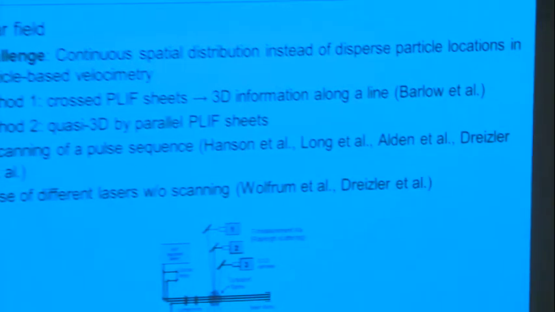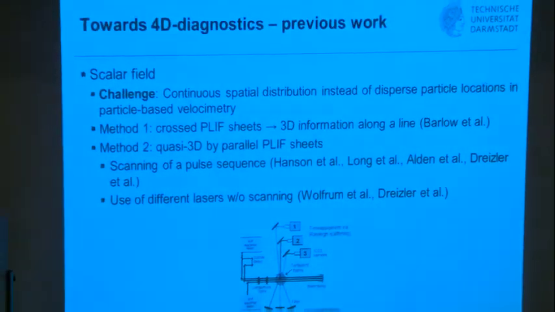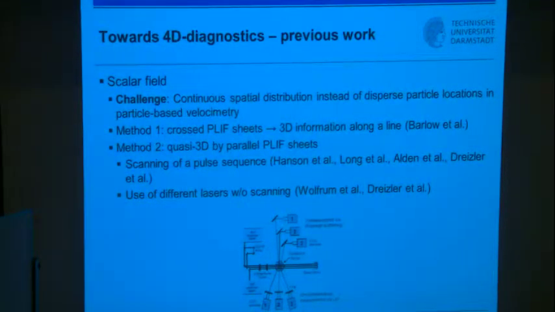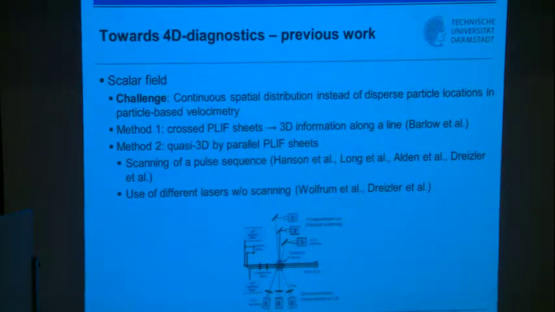And that has been combined with 1D Raman-Rayleigh, such that if this is the 1D Raman-Rayleigh line, you know the inclination angle between this 1D information and the flame front. Okay, but this is then restricted to the information along that line, as I said, defined by the intersection of these two sheets.